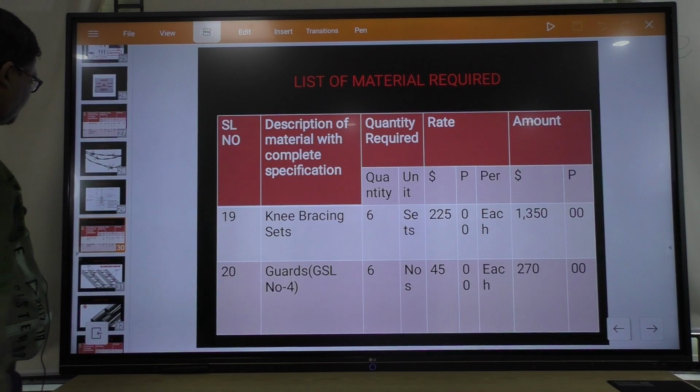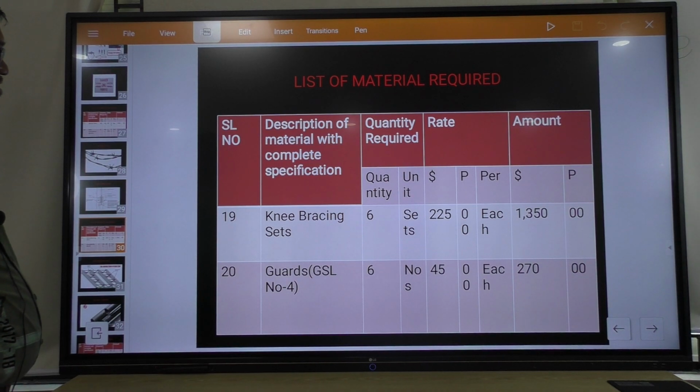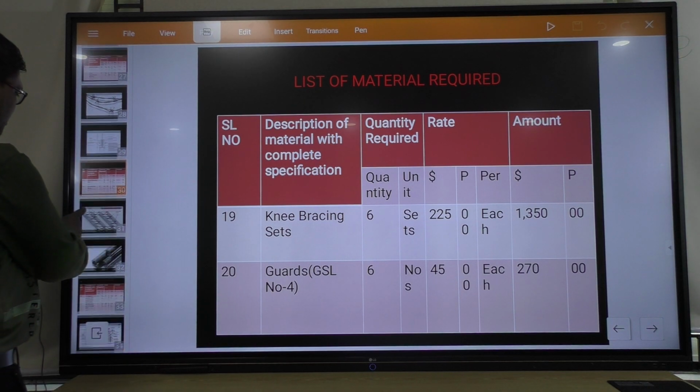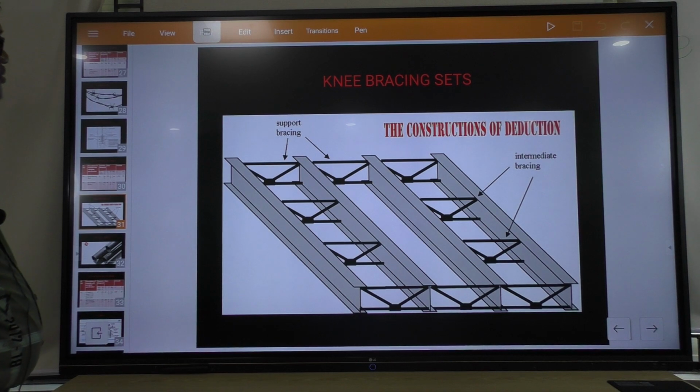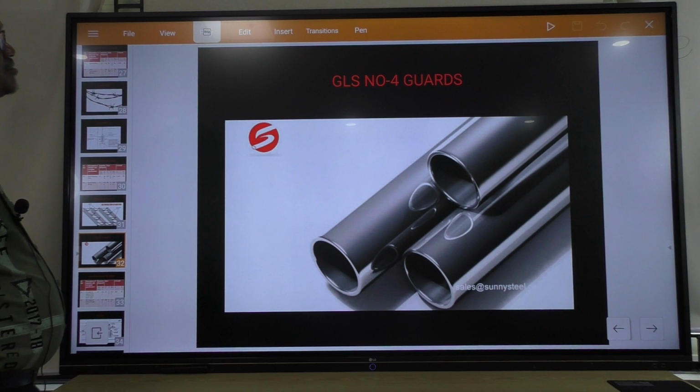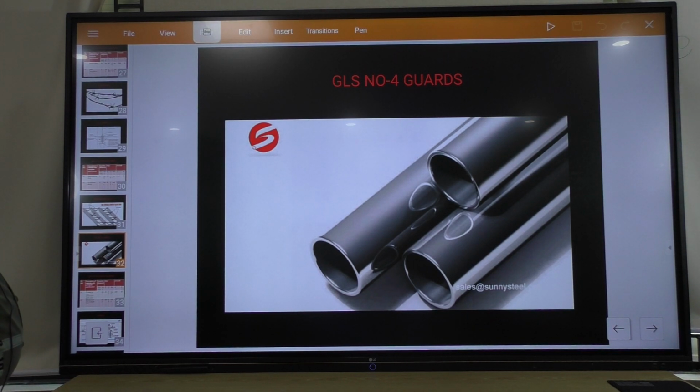Next, knee bracing sets, 6 numbers for each intermediate structure, and guards for supporting the H pole structure, 6 numbers required. This is the example of knee bracing sets, knee bracings for intermediate poles. And this is the GSL number 4.